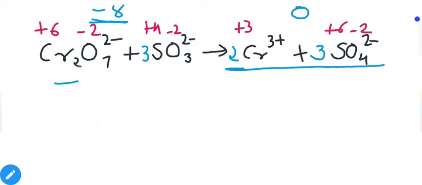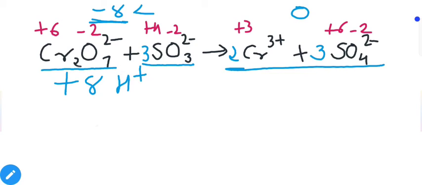So simply let's add 8 H plus. Now by adding 8 H plus, the total charge will be 0, because the charge of Cr2O7 2 minus and 3 SO3 2 minus was minus 8, and by adding 8 H plus, minus 8 plus 8 is equal to 0. On the product side we already have 0 charge.